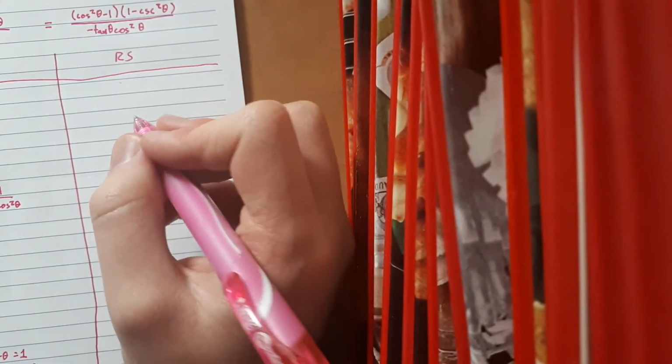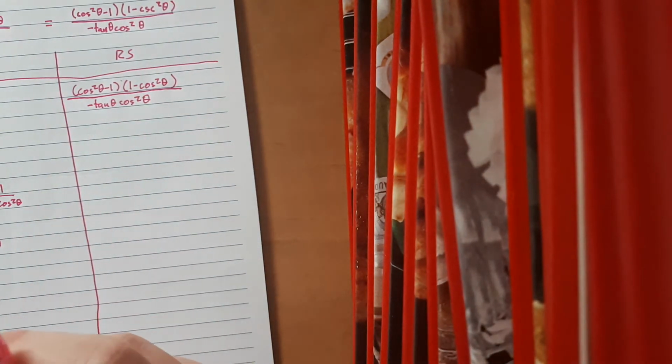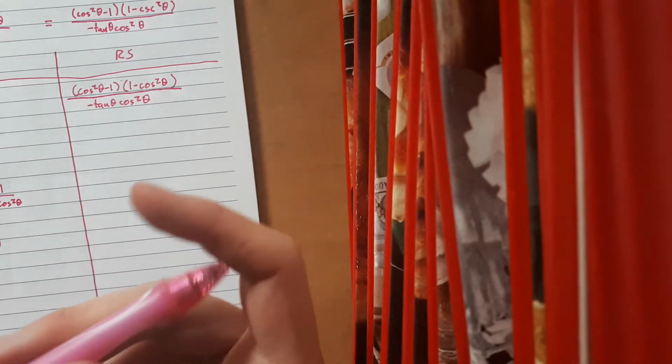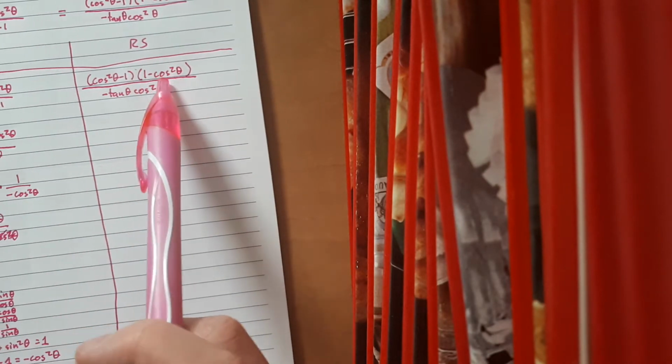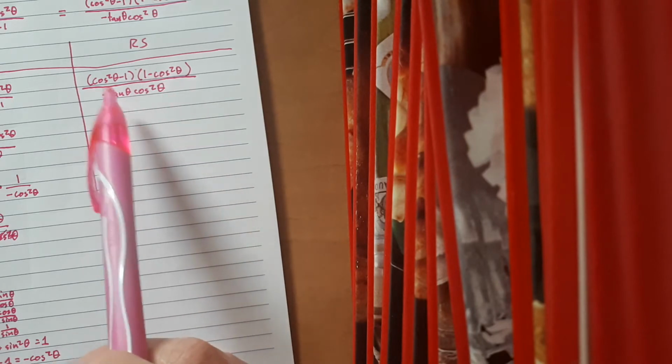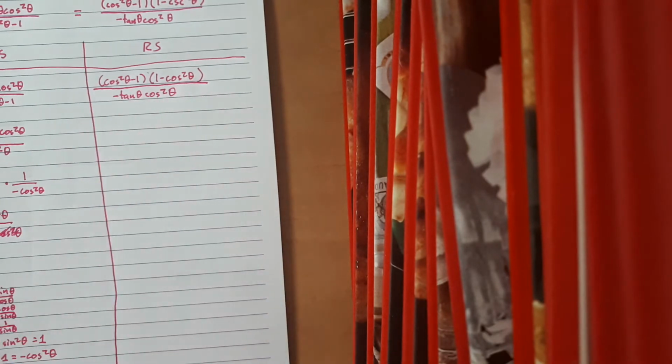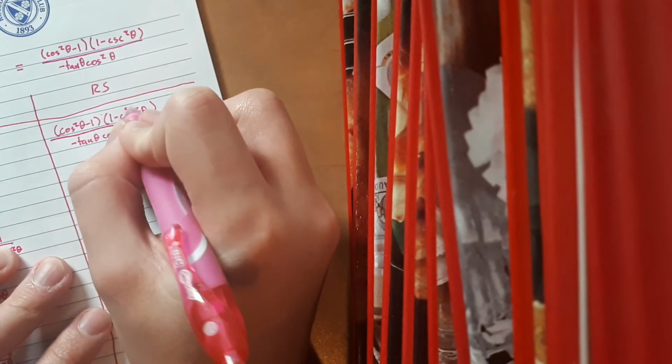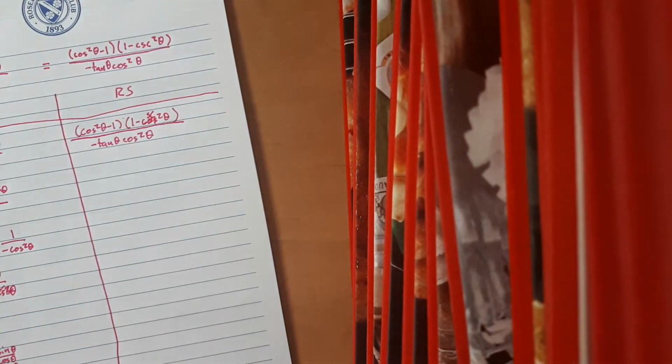So once again, we're just going to start by writing it out. Cos squared theta minus 1 multiplied by 1 minus cosecant squared theta over negative tan theta cos squared theta. So once again, what we're going to be doing first is turning these reciprocal identities and quotient identities, tan theta and, oh, this is supposed to be a cosecant, oops, typo, cosecant squared theta, into other forms.